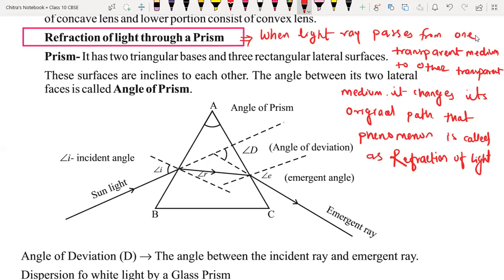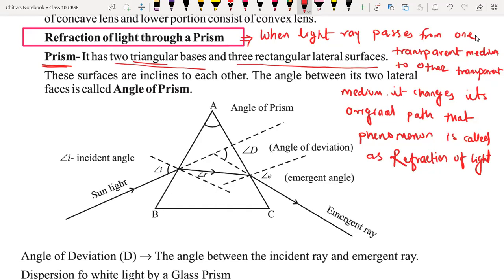In your notes, what is a prism, that we have to understand first. A prism has two triangular bases and three rectangular lateral surfaces. All together they form the prism.